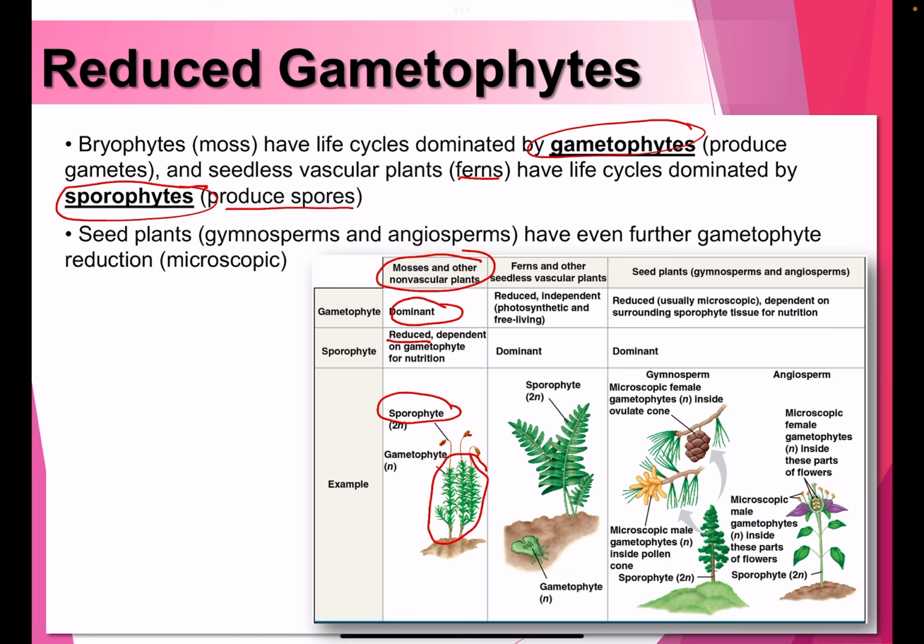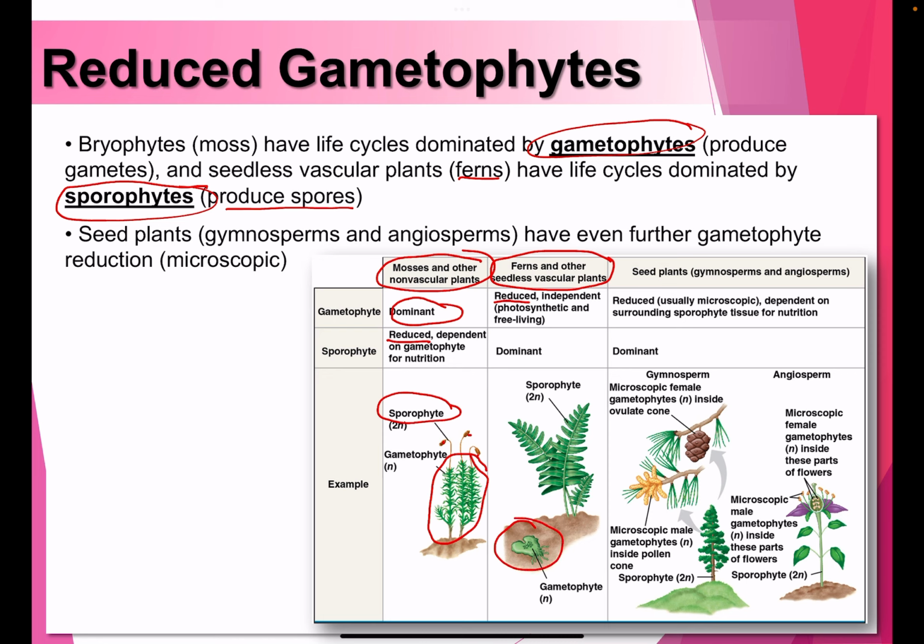Okay. The next group of plants, which were seedless vascular plants, includes your ferns, club mosses, etc. They have reduced the size of gametophytes, and they are actually independent from the sporophytes. They don't have to depend on the sporophytes for nutrition. So the gametophytes themselves, which look like this for ferns, are very independent.